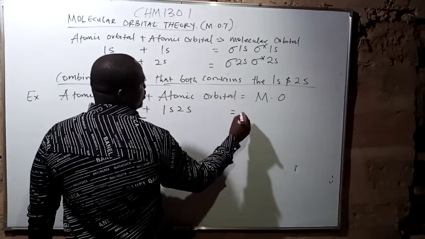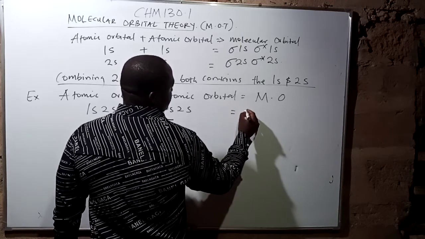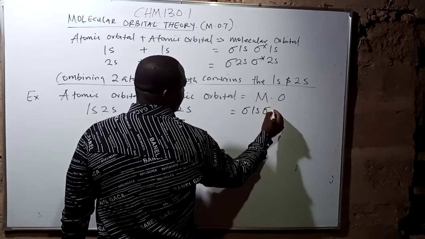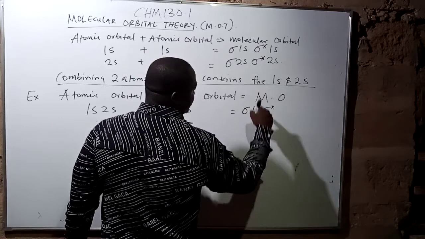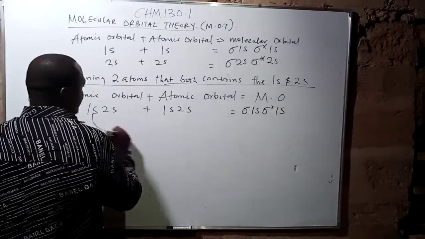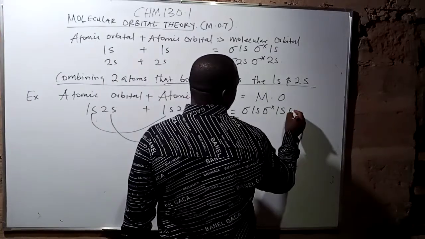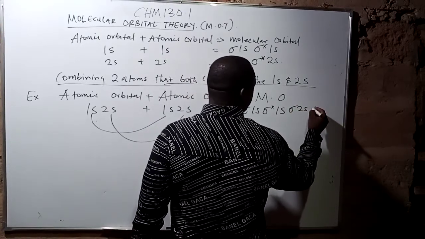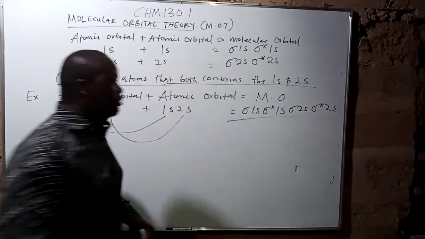So the molecular orbital will now be sigma 1s, and the next is sigma antibonding 1s. Then you are done with this. The next one will give you sigma 2s and antibonding sigma 2s. So that is the molecular orbital for this.